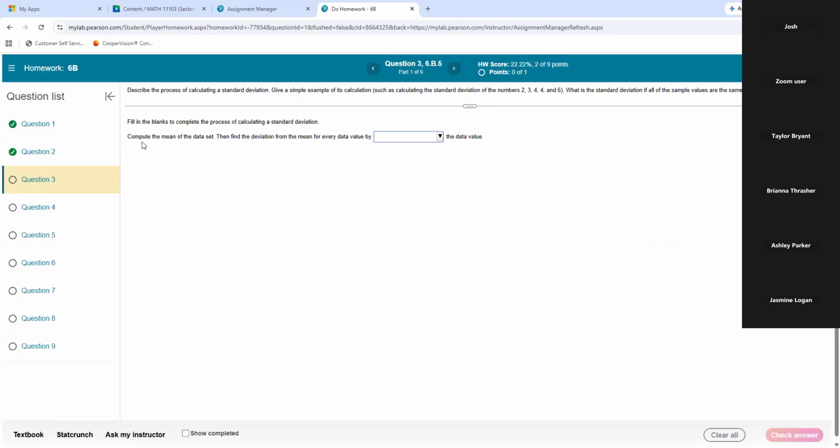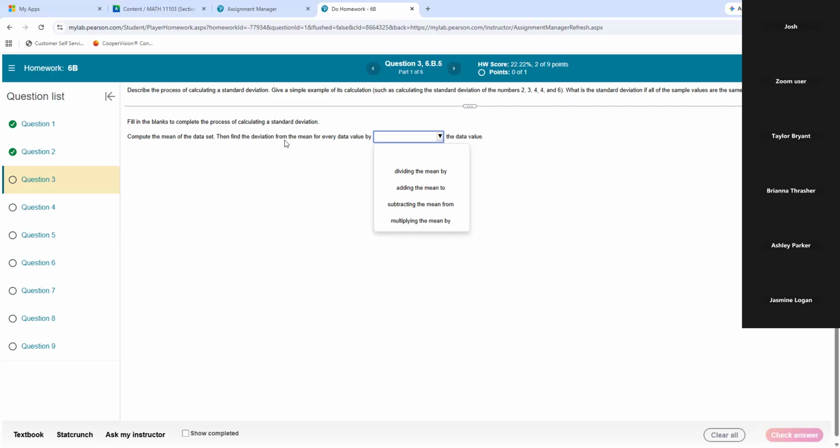So look here, this is sort of the process we was using to find the standard deviation. Oh, y'all, that's the same numbers I used, 2, 3, 4, 4, and 6 a while ago. So it just wants the steps I did to figure out that standard deviation. So compute the mean of the data set was our first step.